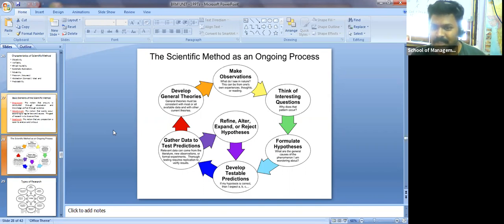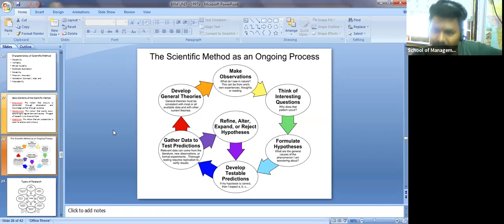VIBGYOR. So definitely small children are going to ask a question, how is it formed? There is a scientific process to form that. So think of interesting questions. Why does that pattern occur? That is what you are doing even in the scientific method.